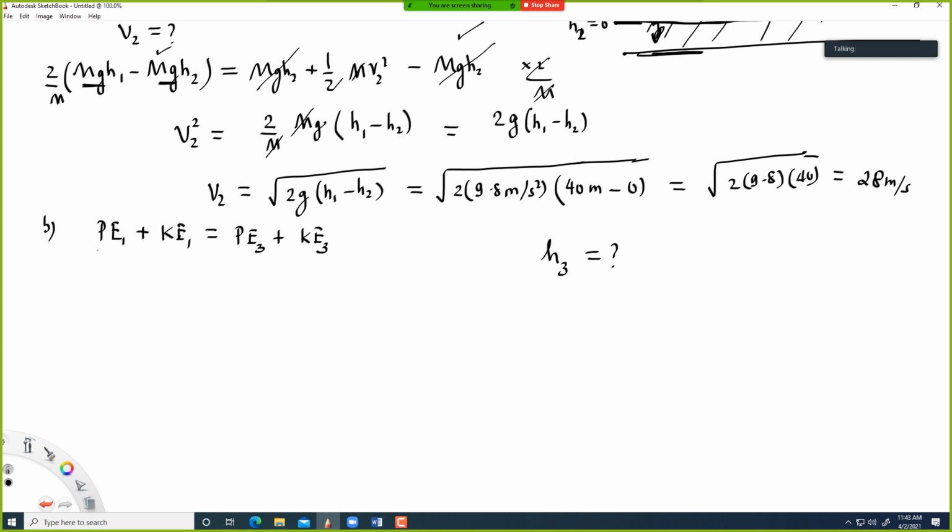So PE1 is mgH1, KE1 is 0, there is no speed in the beginning. PE3 is potential energy at 3, which is mgH3, and what's the kinetic energy at point 3?